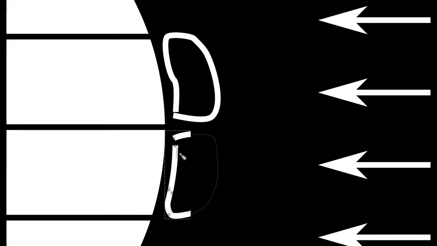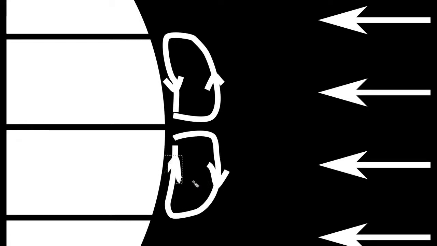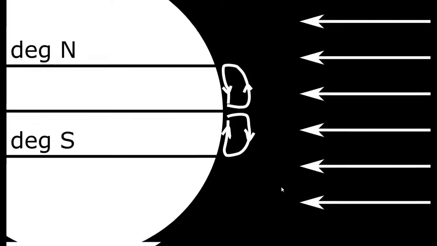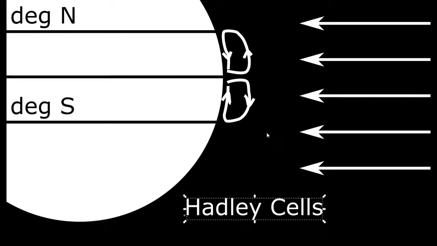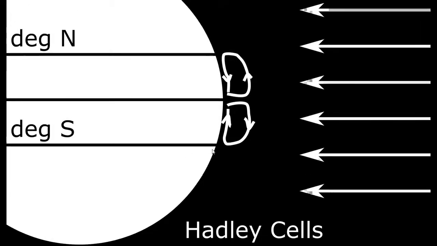So I'll also draw a few arrows to help us keep in mind the direction here. So we have the air going this way, back to the equator. So this pattern that we've just constructed, this pattern of atmospheric circulation, is called Hadley cells. And I've just drawn a cross-section of Hadley cells here.